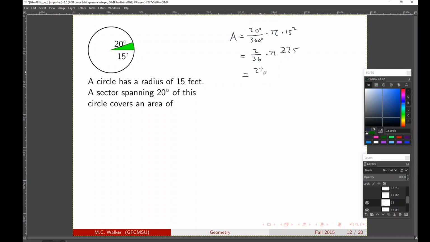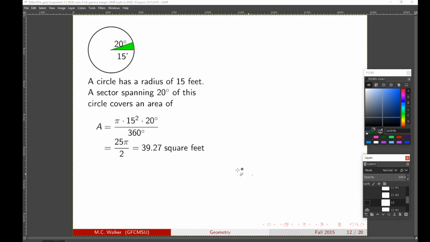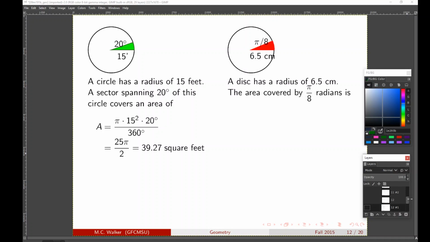So this turns out to be 225 over 18 pi, and this is feet squared. Or we go ahead and act all civilized and get ourselves a calculator to get the number of square feet we want. We won't worry about the radians example here.